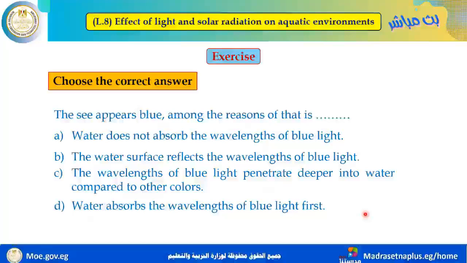The sea appears blue. Among the reasons for that: water doesn't absorb the wavelength of blue light; the sea surface reflects the wavelength of blue light; the wavelength of blue light penetrates deeper into water compared to other colors; water absorbs the wavelengths of blue light.